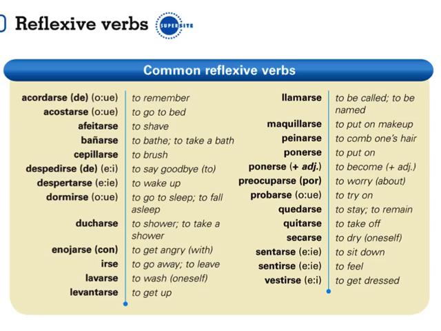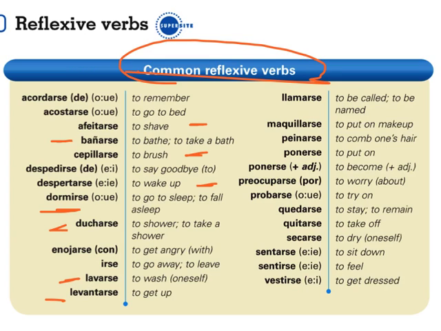So take a look now at these common reflexive verbs, and a lot of them are actions that we do every day to ourselves. For example, afeitarse, bañarse, cepillarse, despertarse, dormirse, ducharse, lavarse, levantarse.